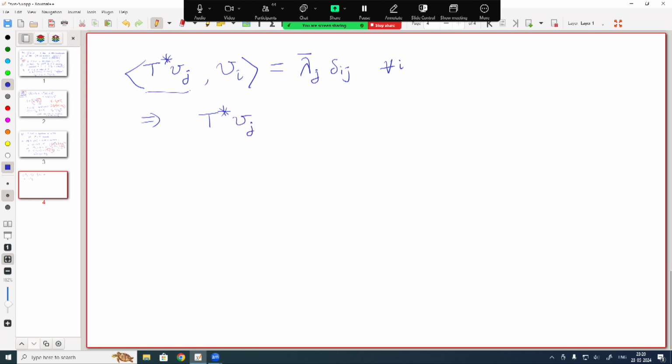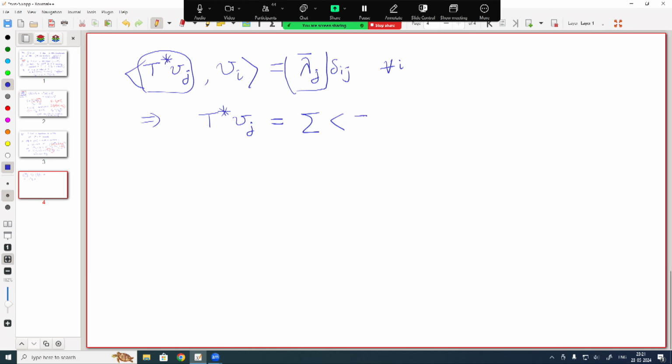firstly a vector which is perpendicular to all the Vi's except Vj itself, it is perpendicular to every other Vi. So, in particular it means it has to be Vj or some multiple of Vj only. What multiple of Vj is it? Well, it has to be this multiple, that is the only way. So, T star Vj is equal to... or if you wish, let us just write it out.